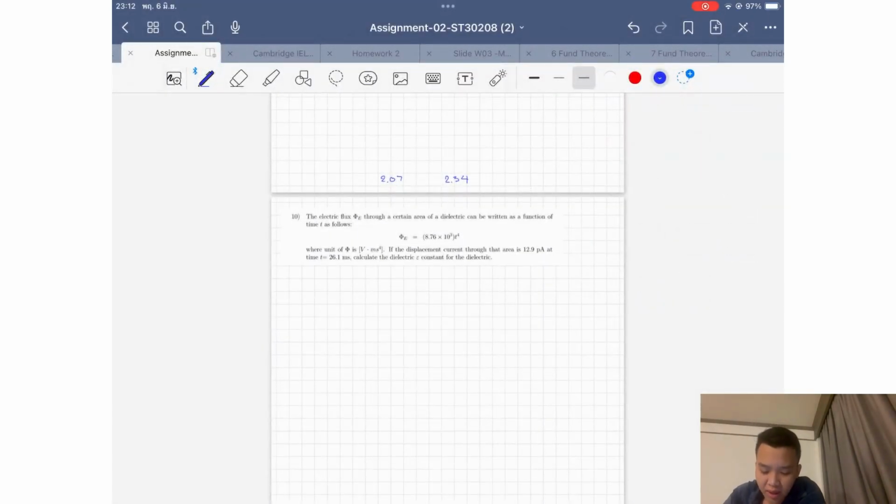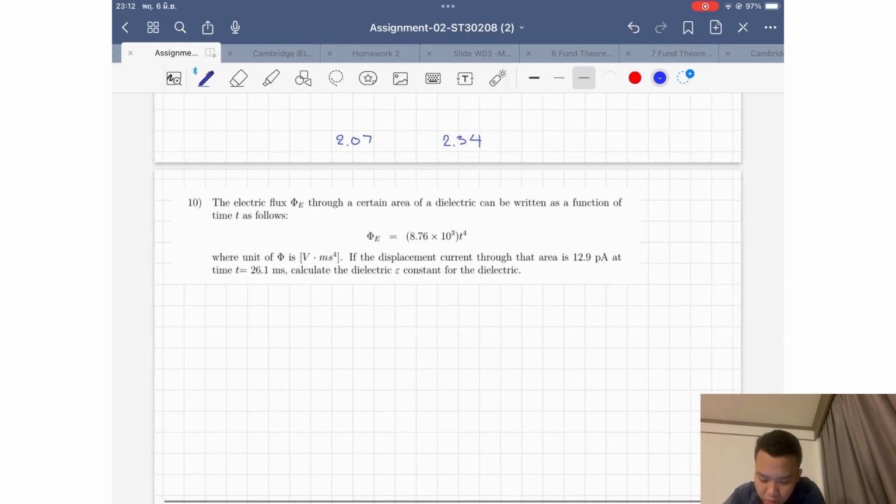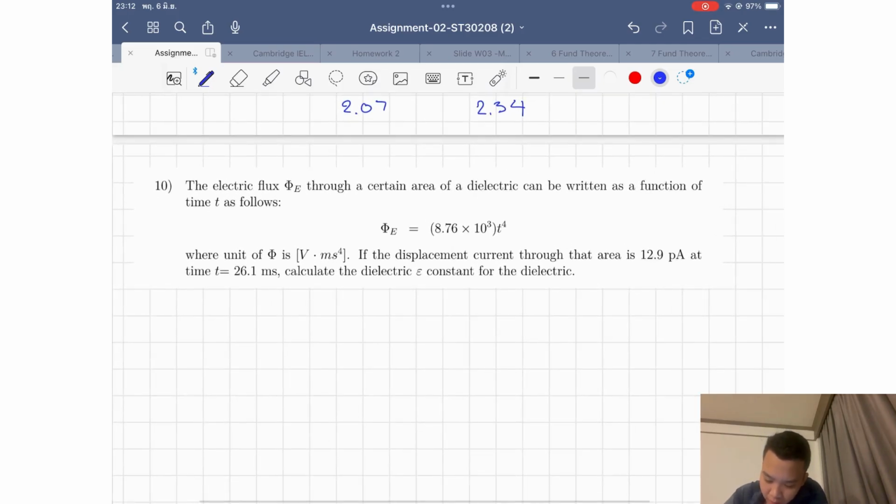Okay, so let's move to problem 10. Problem 10 is to find the dielectric constant for the dielectric. It gives us that there is a dielectric, and the electric flux has this formula depending on t, and they give t, and they also give the displacement current.